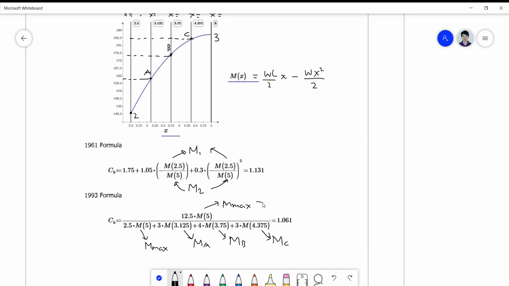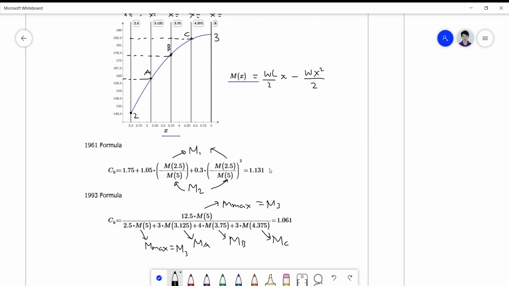Take note that M max is the M5 or M3 that I'm referring to. Okay, so this is equal to M3 here. M at x equals 5 is simply the M3.